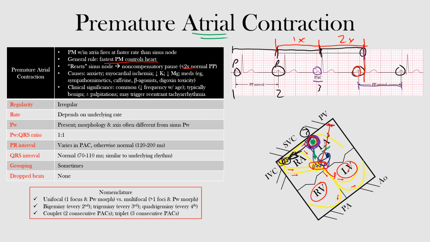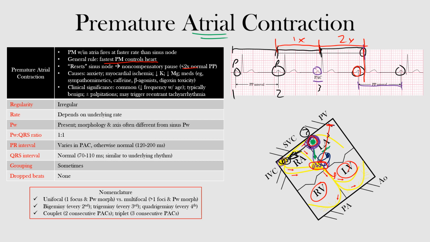Some of the causes of premature atrial contractions are anxiety, myocardial ischemia, hypokalemia, hypomagnesemia, and medications such as sympathomimetics, caffeine, beta agonists, and digoxin toxicity. Anything that's increasing the automaticity of some of these ectopic foci within the atria will cause these to occur. Now, the clinical significance: these are common.